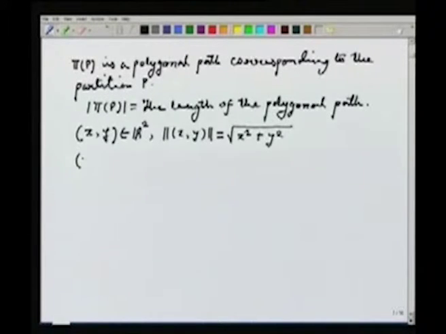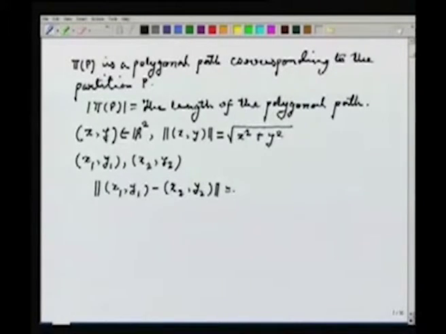So, given 2 points, let us say (x1, y1) and (x2, y2), when I talk about the distance between these 2 points, that is given by the norm of (x1, y1) minus (x2, y2), which we again know from coordinate geometry is given by the square root of (x1 minus x2) squared plus (y1 minus y2) squared.